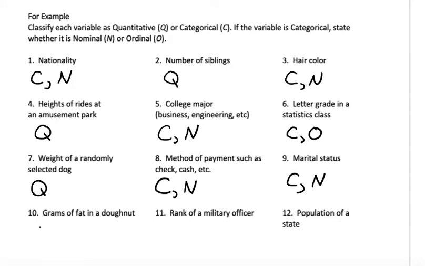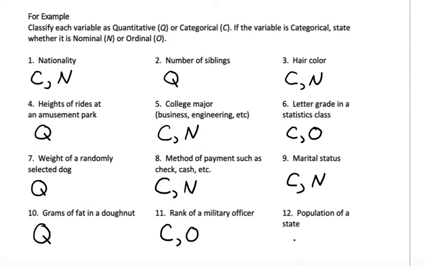Grams of fat in a donut, measured in grams, it would be a number, that's quantitative. Rank of a military officer, so that would be categories, it would be like lieutenant, colonel, general, but there is an order because some ranks are higher than others, so that would be ordinal.